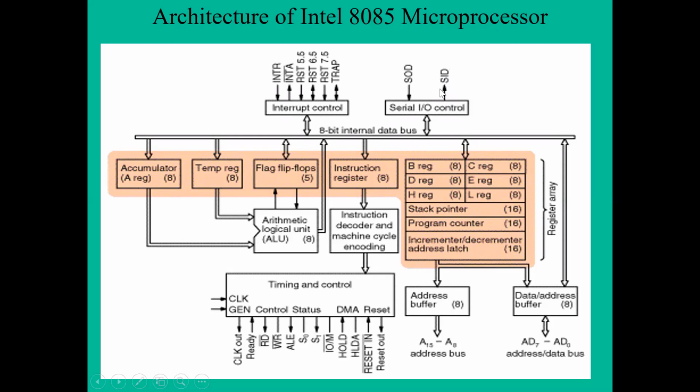Okay, so these arrows will be opposite. Just correct it. This will be downward and this will be upward, because it is for serial input data, it always receives the data, and this transmits the data. Okay, that's why it is always external.